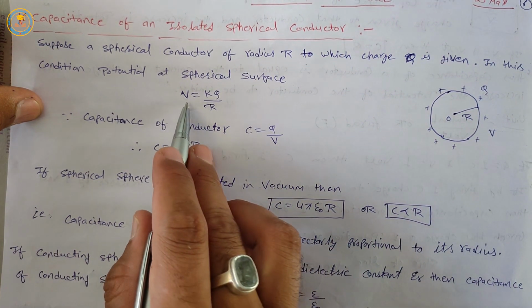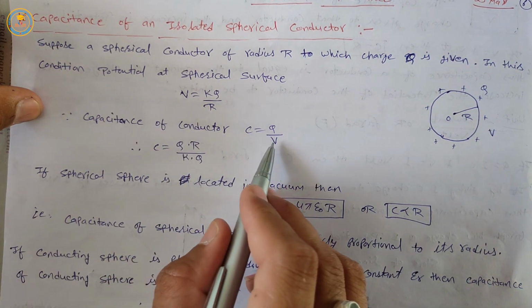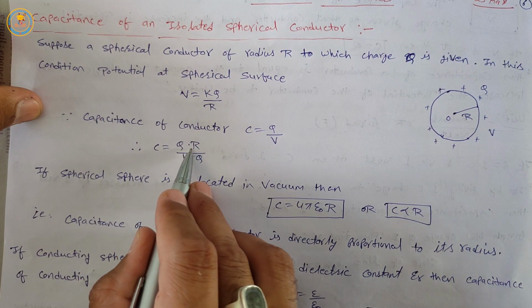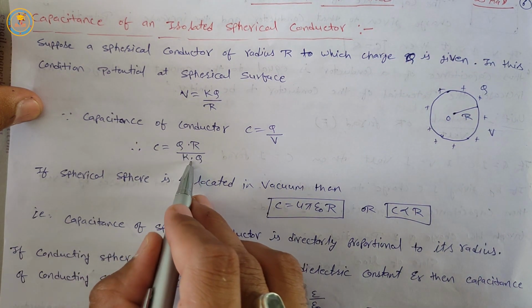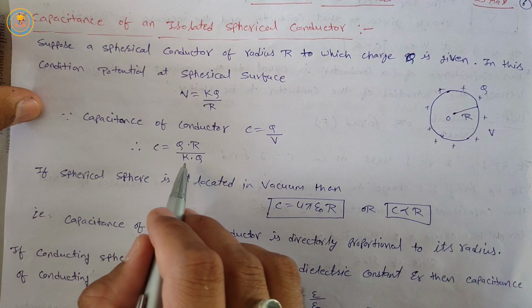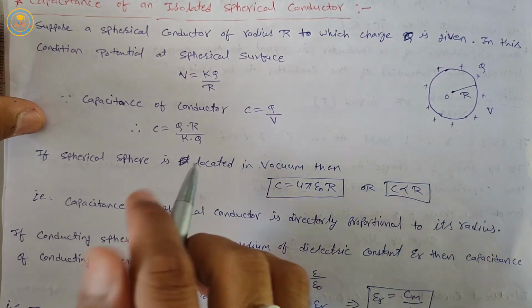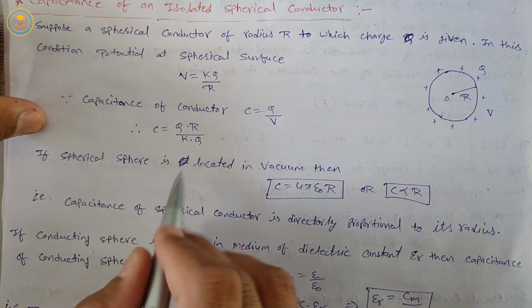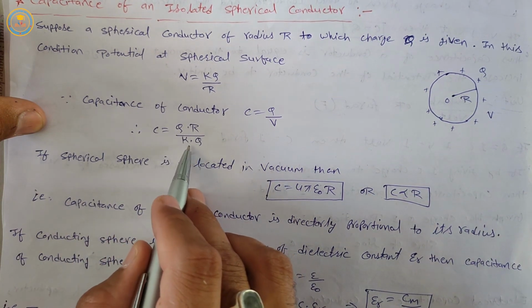Now we put the value of electric potential in this equation, then C is equal to Q into R upon k into Q. Q is cancelled out, then we get C is equal to R upon k.